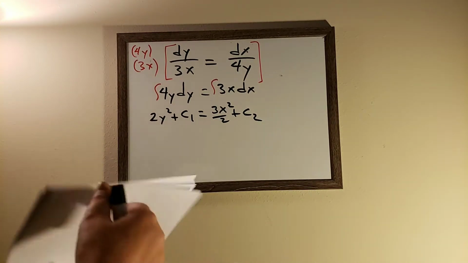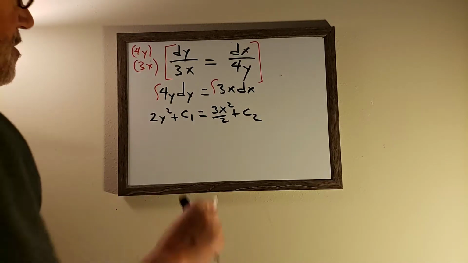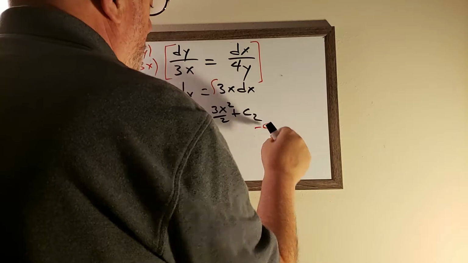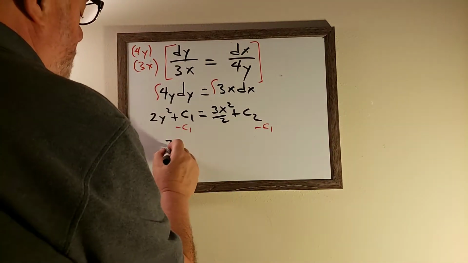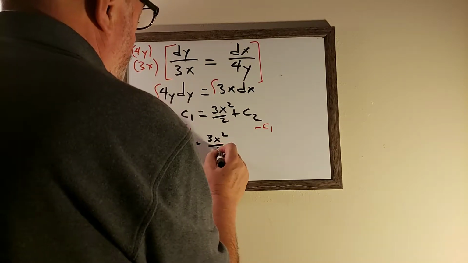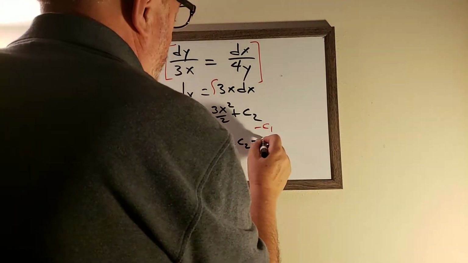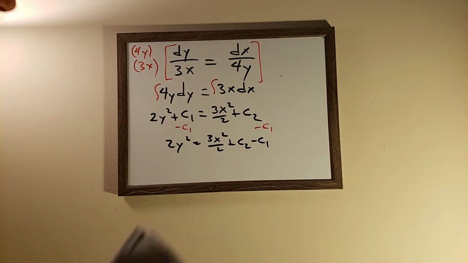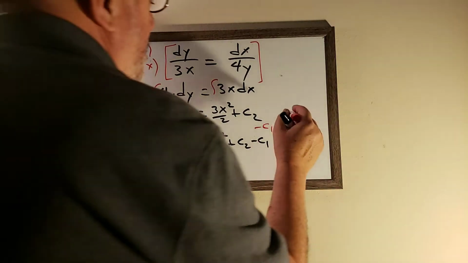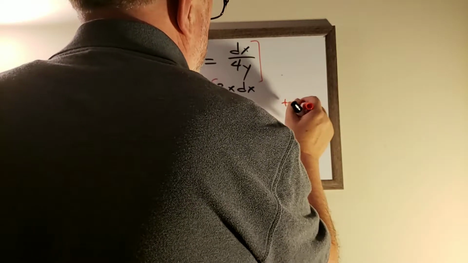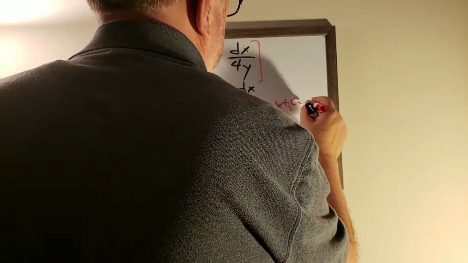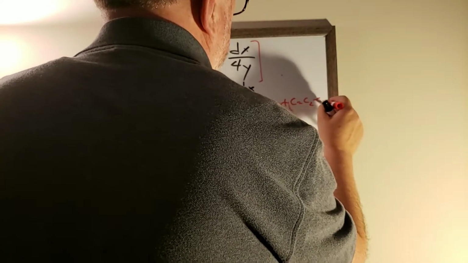Okay. And then we could get our c's on the same side. So let's take this one over to the other side. And we have 2y squared equals 3x squared over 2 plus c2 minus c1. But then I really don't need to have a c2 and a c1, and so we're going to let c equal c2 minus c1.